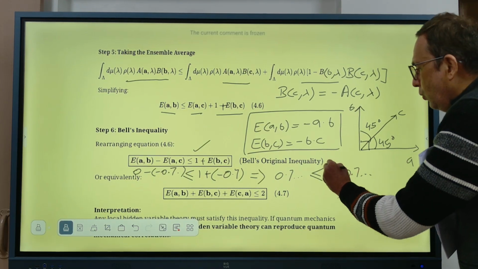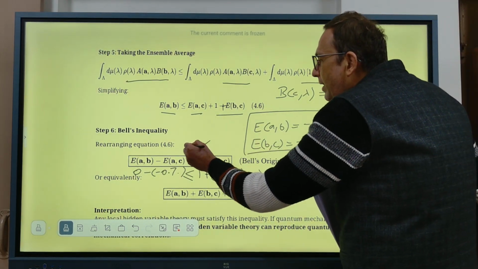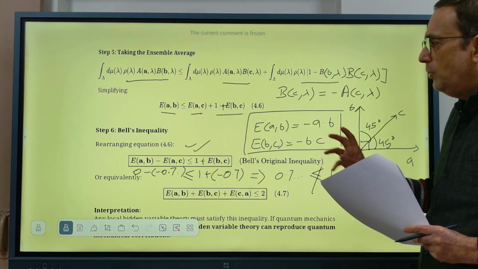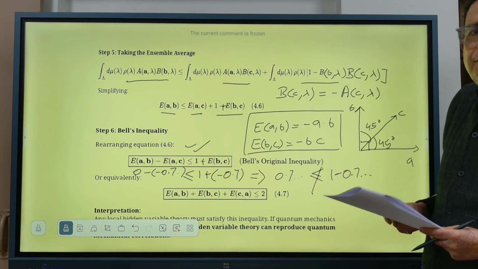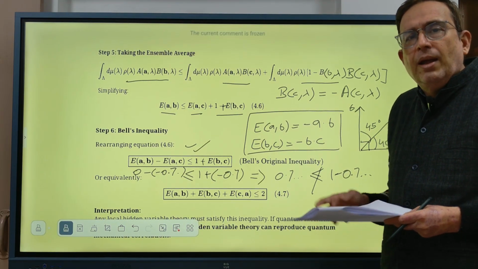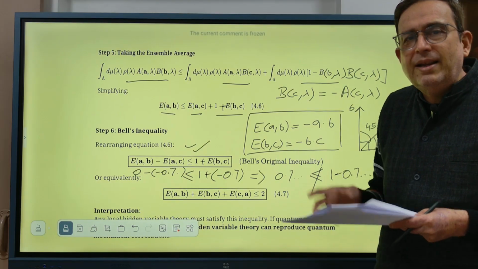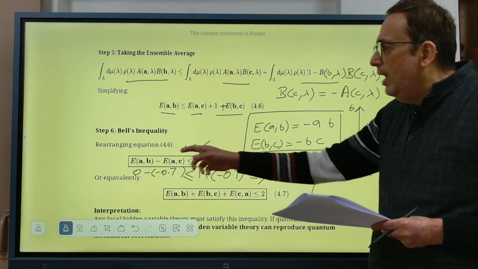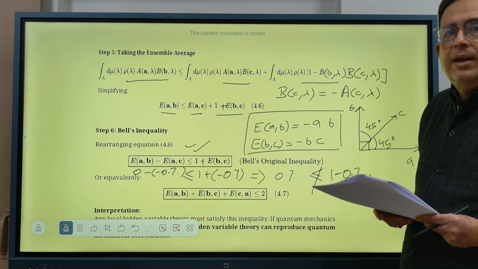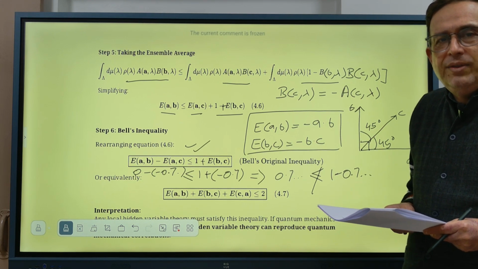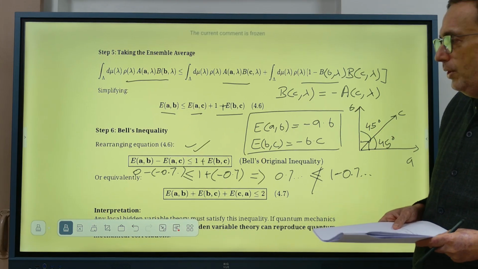So this is not true. This is violated, but this is what is predicted by Bell's theorem. So quantum mechanics is actually predicting something which is not there if we assume a hidden variable nature. This inequality is straightforwardly violated by simple arrangements of our detectors of the spin in these three different directions. Okay.